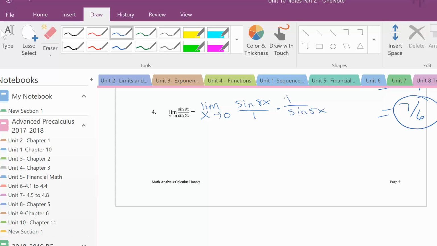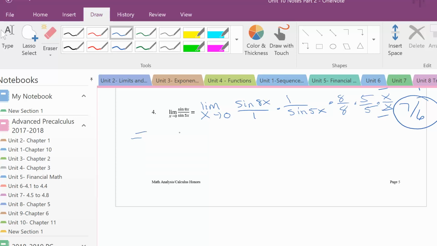So we're going to have to get an 8 on the bottom here and a 5 on the top there. So that means we're going to have to multiply by 8 over 8 and by 5 over 5. And we need an x to go with those numbers.